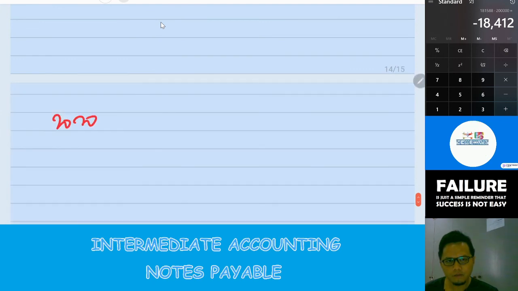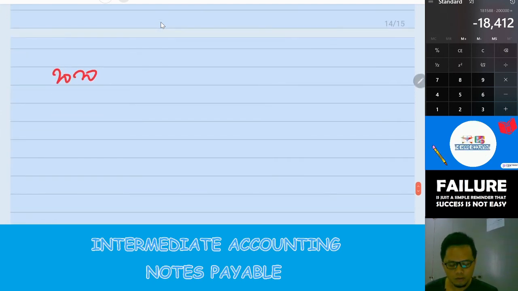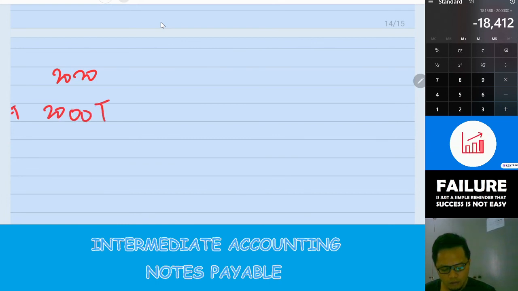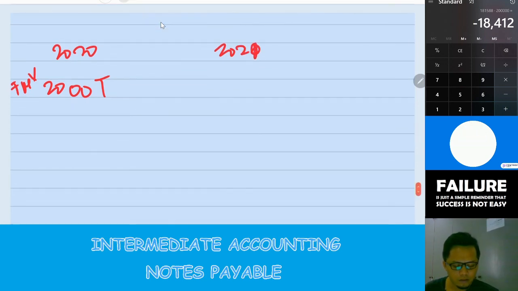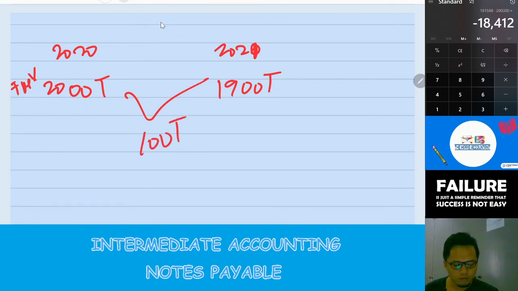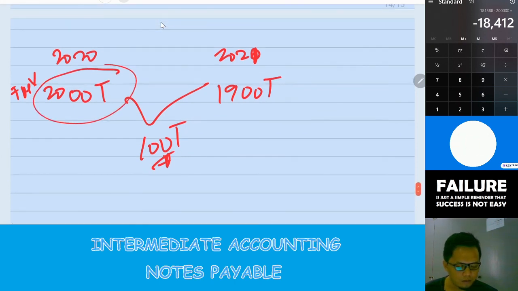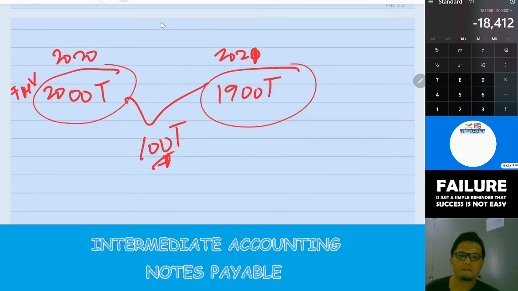So, example. On 2020, the fair market value recorded with our notes payable, let's say we have 2 million. Okay? In 2021, let's say the fair market value is naging 1,900,000 na siya. So, we need to recognize the change of 100,000 because yun nga, we initially recorded it at 2 million pero ngayon, yung fair market value niya is 1.9 million na lang.